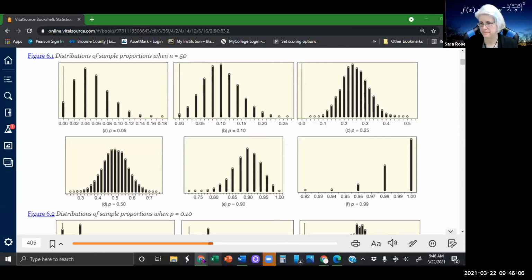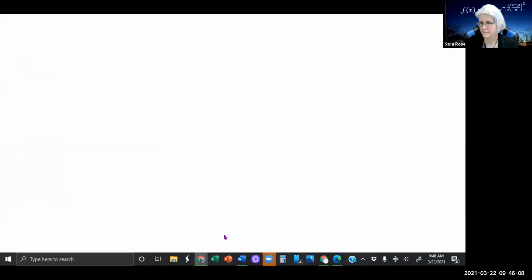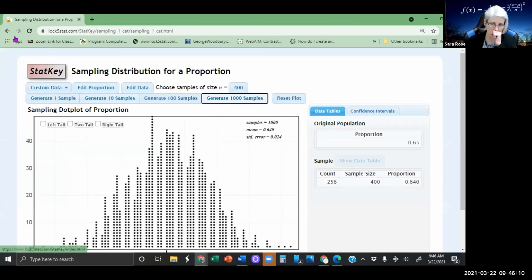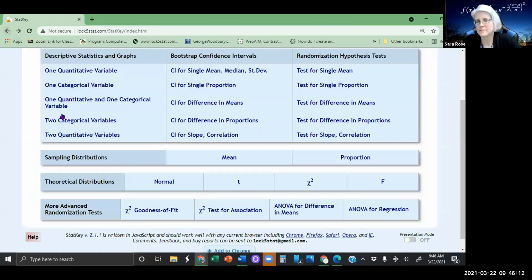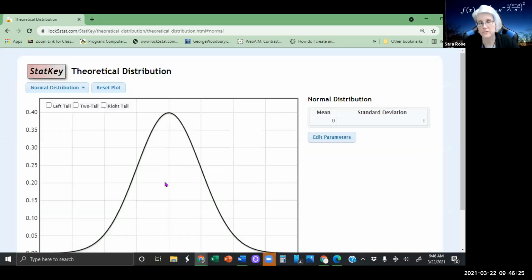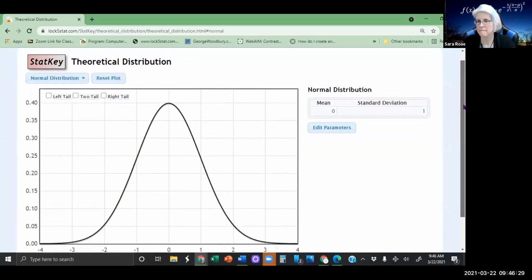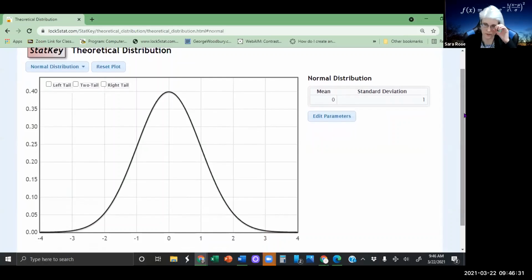This is StatKey. Now I have to admit something to you. Take a look at the theoretical distributions. And we're going to look at the normal distribution. No data will perfectly fit a normal distribution. That's why it's theoretical. But theoretically, you could have a perfectly normal distribution following the equation behind me.